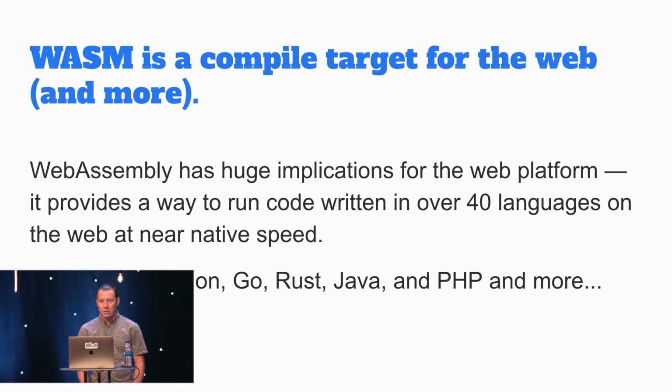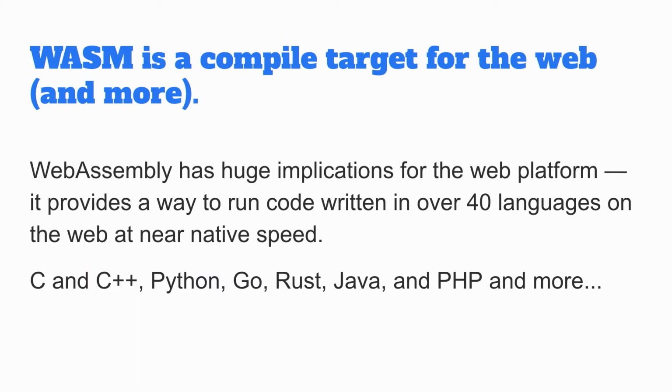Like you might have heard in earlier talks, you can run Wasm on servers and in Node. So this has some pretty big implications for how you write applications for the web. It provides a way to run code in over 40 languages at near native speed in a web browser, right?